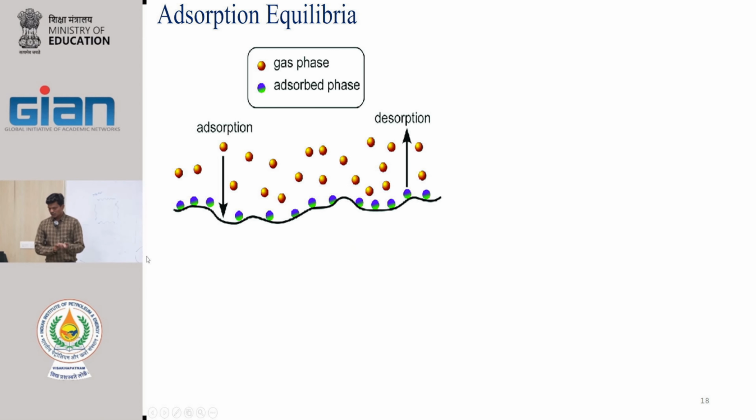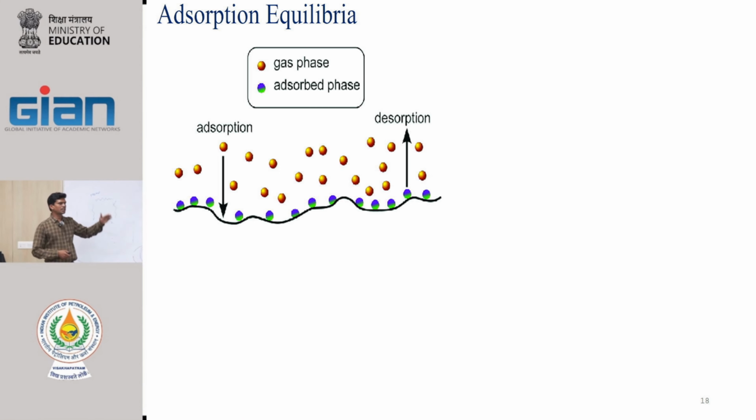So now let's talk about adsorption equilibria. So what is equilibria? When the rate of adsorption is equivalent to the rate of desorption, then it reaches an equilibrium. Whenever you have a surface and an adsorbate material, you allow sufficient time to interact with the adsorbent.